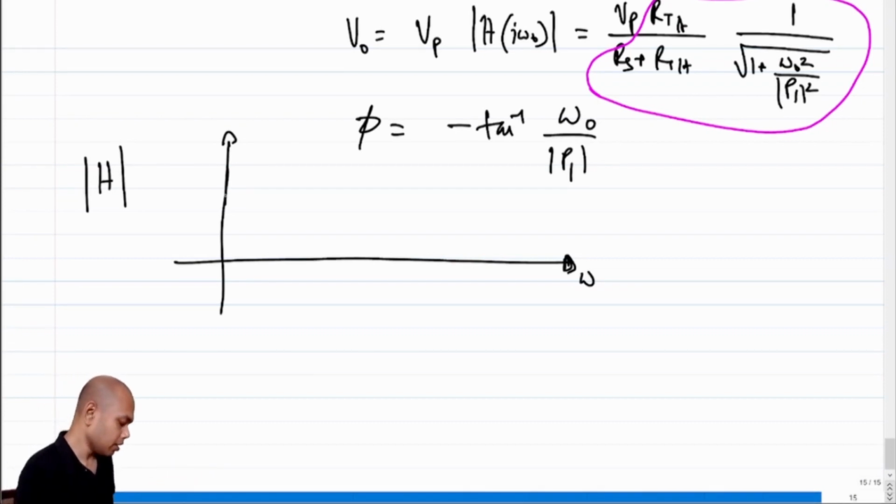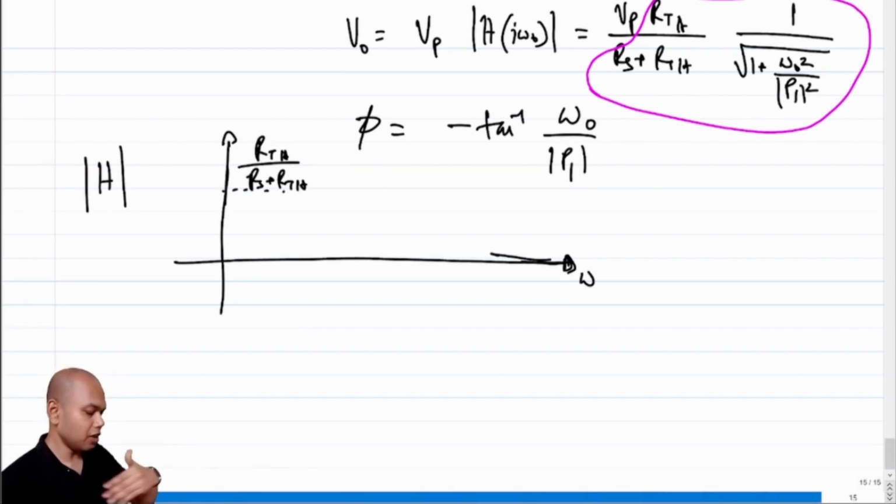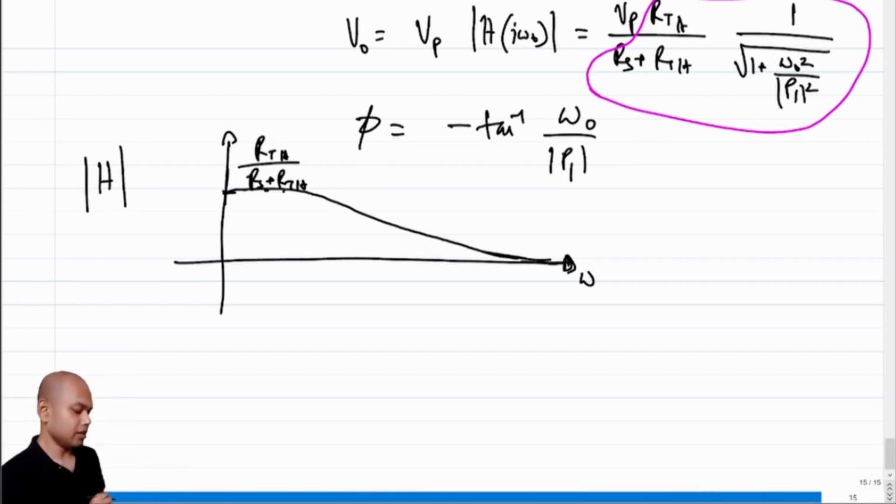I am going to see H of 0, which is RTH by RS plus RTH, right? At omega tends to infinity, what should I see? I should see 0, because the denominator of the transfer function dominates. So somewhere between this DC value and 0, it will roll off, and it will do something like this.